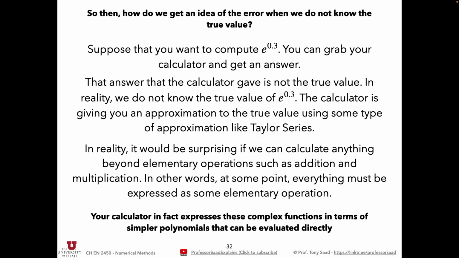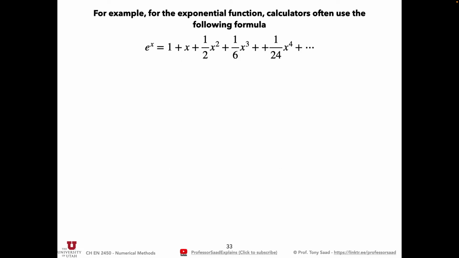Your calculator is in fact using complex functions, expressing them as simple polynomials. For example, this is what some calculators use to compute the exponential, though there's a typo over there. It's a polynomial: 1 plus x plus x squared over 2 plus x cubed over 6 and so on.